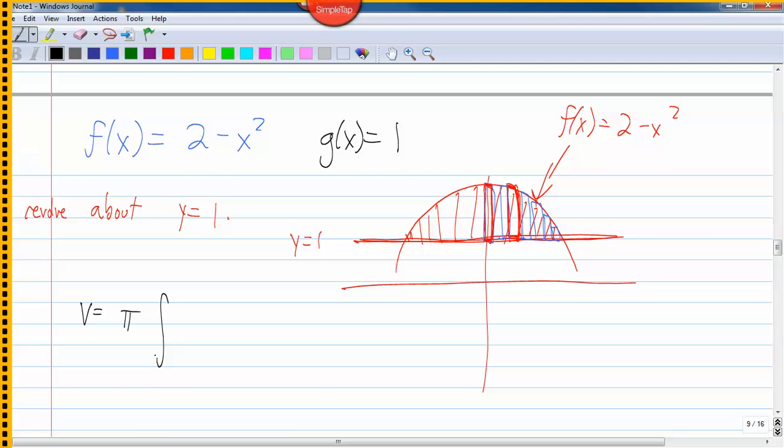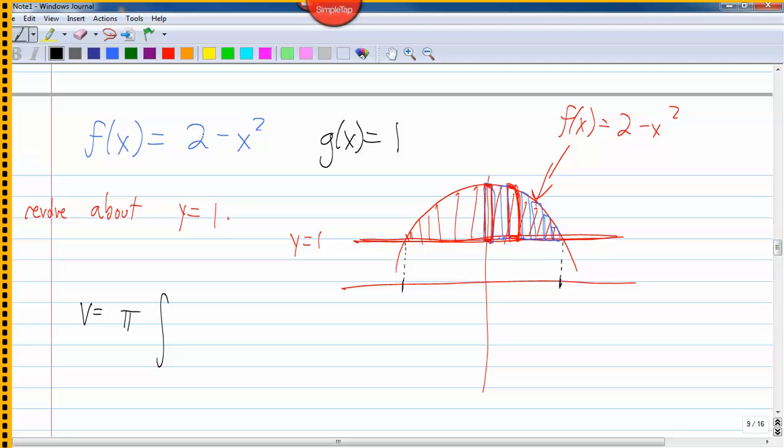Now, what are our x values? We have to figure those out. Wherever these intersection points are, here and here, that's going to be the boundaries of our graph. And you know how to find intersection points. You set the two graphs equal.